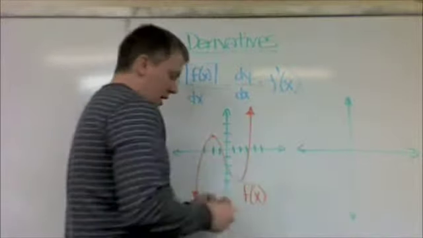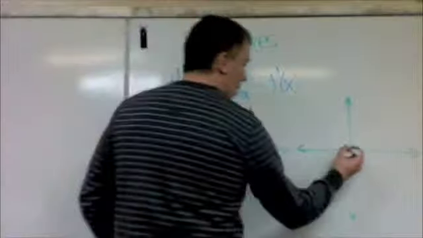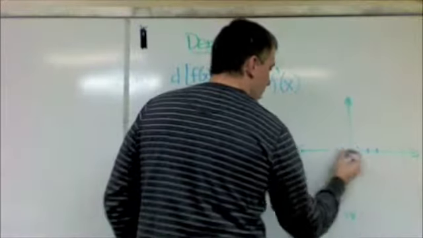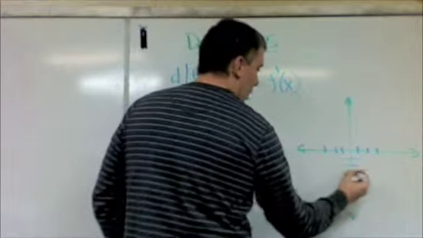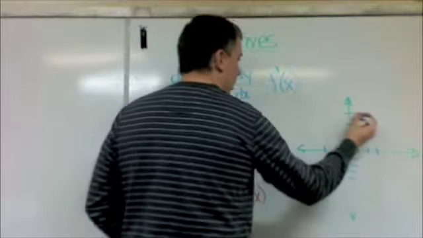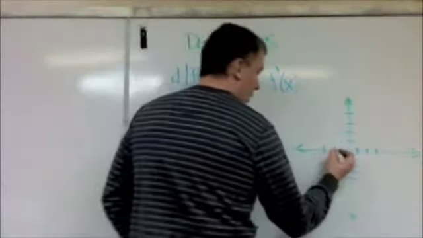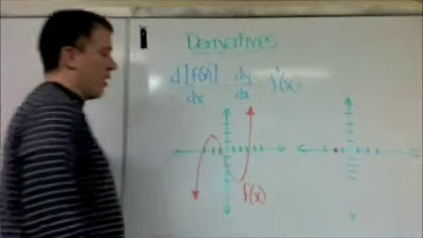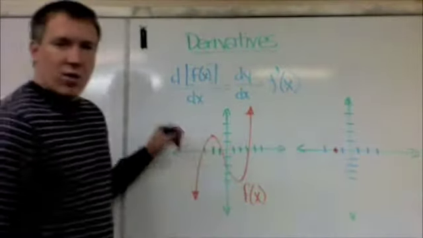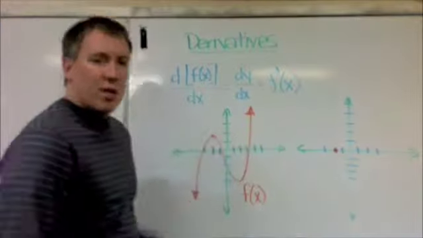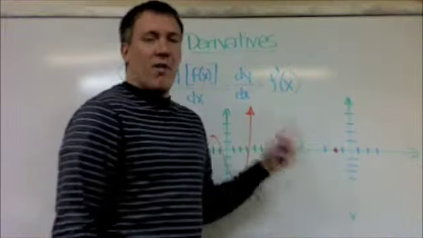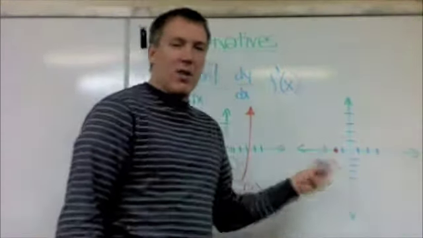So at x is -2 over here, I'm going to write that this derivative has a value of 0. Let me say that again. The tangent line here is horizontal, slope of 0. So the value of the derivative at -2 is 0.